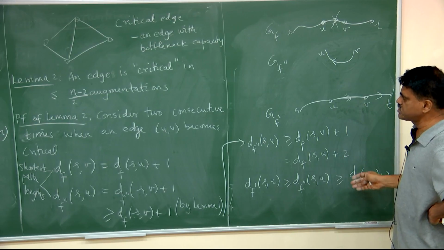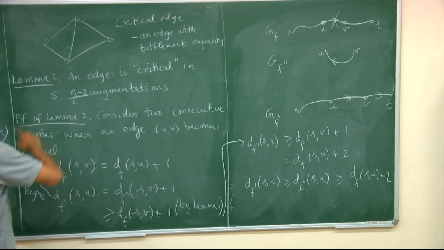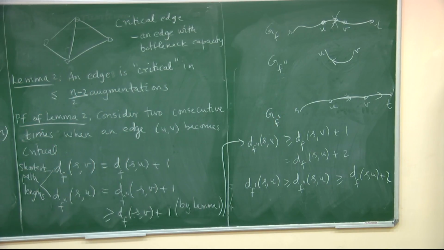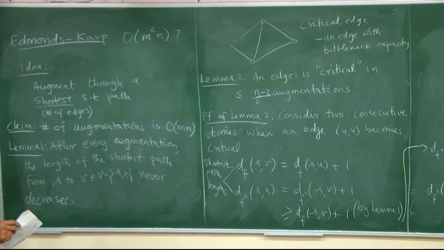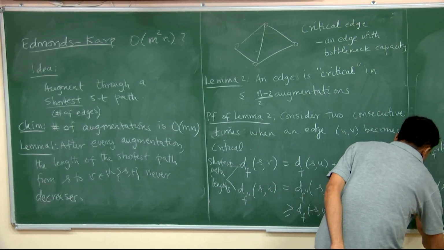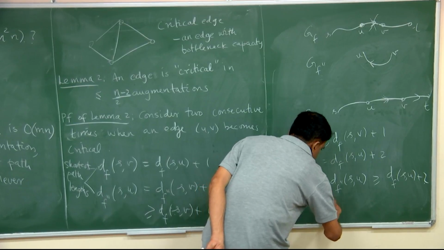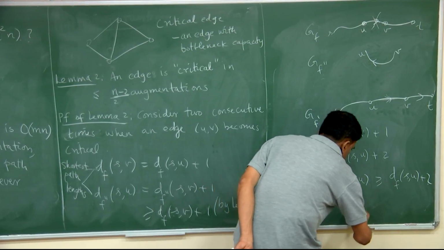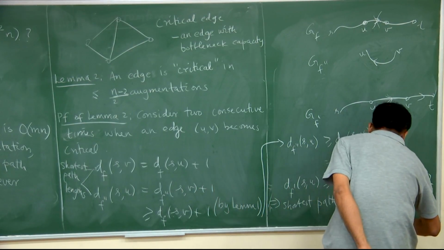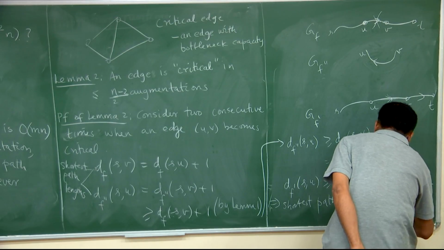So any particular edge UV cannot become critical more than n minus 2 by 2 times.